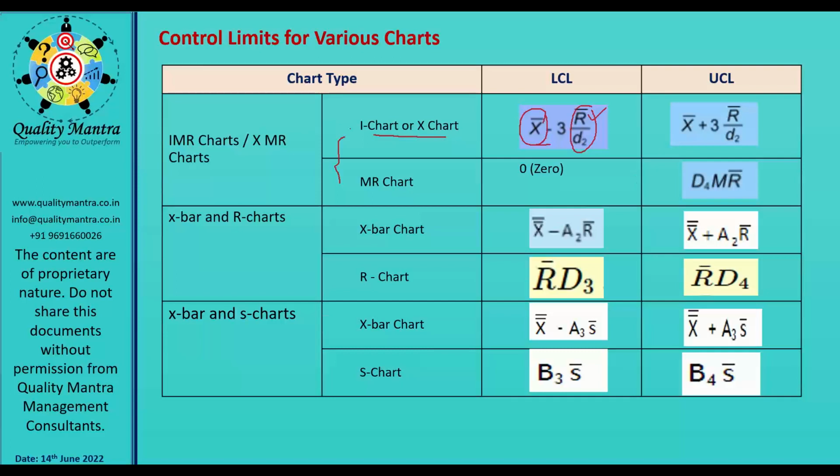So now we are moving to the Excel sheet. I will show you how to make the IMR chart, how to calculate. Basically, making a chart means calculating the LCL, UCL and average line, and then continuously plotting the data from the shop floor on the graph paper.